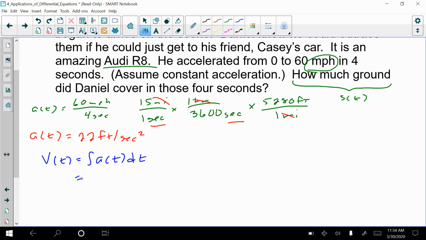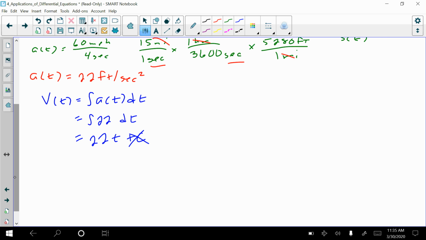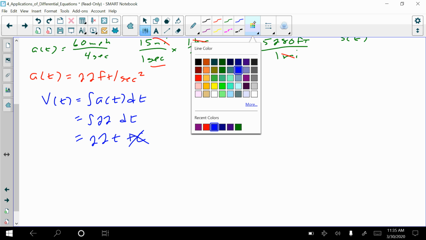So that will give us the integration of 22 dt. So the velocity function will be 22t plus a constant. And because we're not actually doing anything with the velocity function, we really don't need the constant. We're going to just continue doing antiderivatives here.